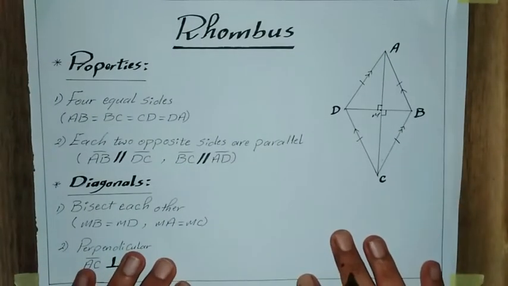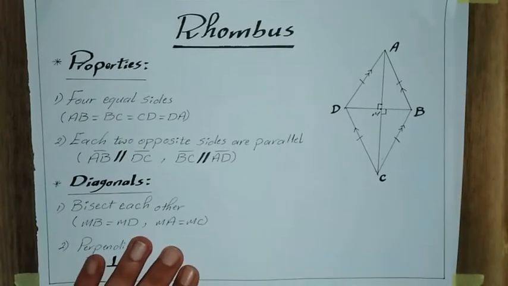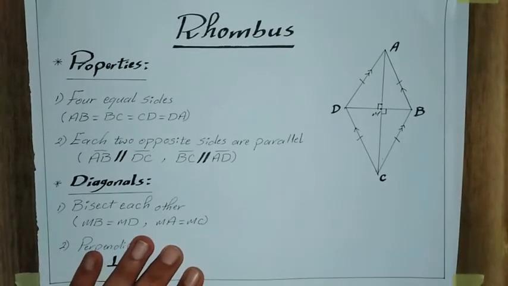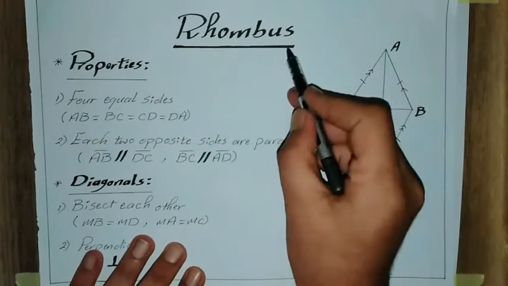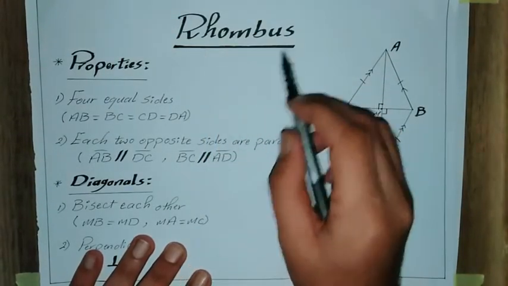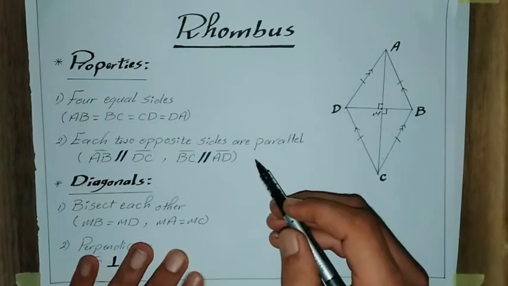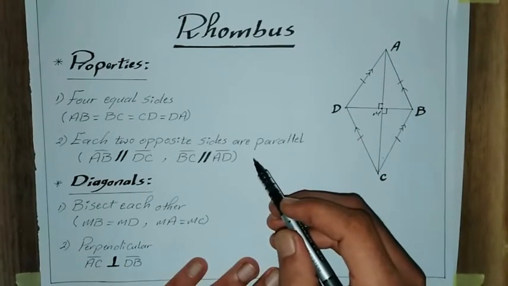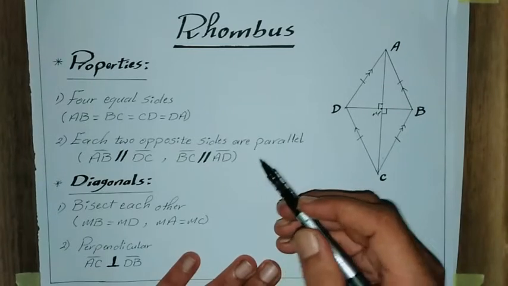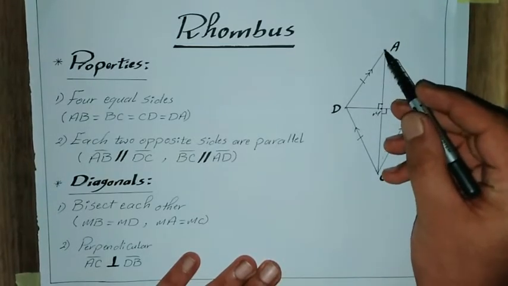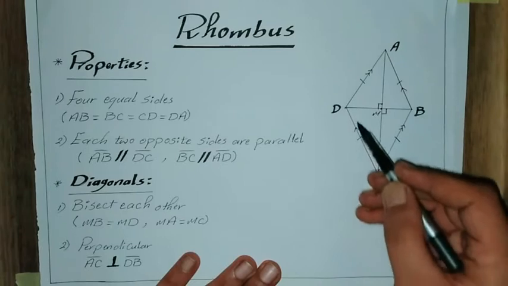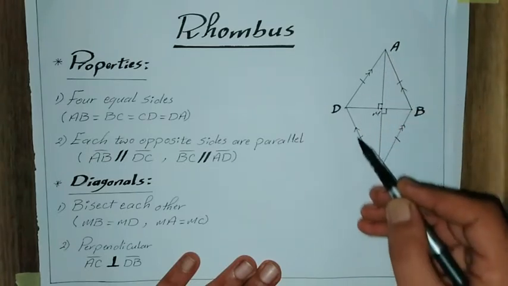The third quad, rhombus. The rhombus ABCD has 4 properties. First, the rhombus has 4 equal sides.